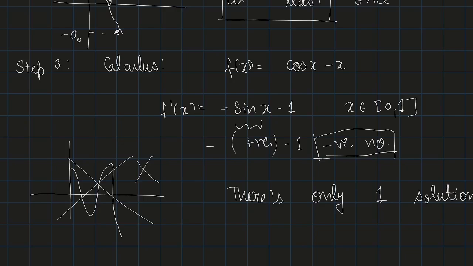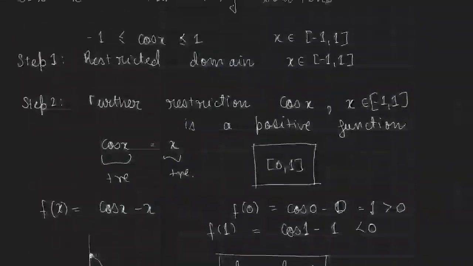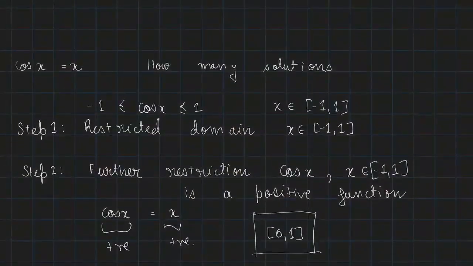Now, I would like to say that some of the students may think, oh, it was a pretty trivial case, cos of x equals x, I can directly plot it instead of going through all this mess, okay? Which is true. However, with a slight tweak, the question can become non-trivial, tricky and difficult to solve, okay?